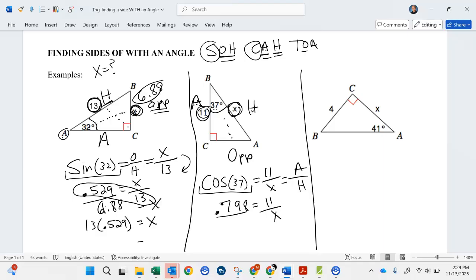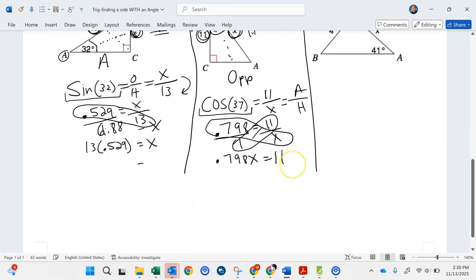Again, I'm going to take this and put it over 1, and then I'm going to cross multiply. And I get 0.798 X equals 1 times 11, so that's going to be 11. Okay, and then to isolate the X, I have to divide by 0.798.